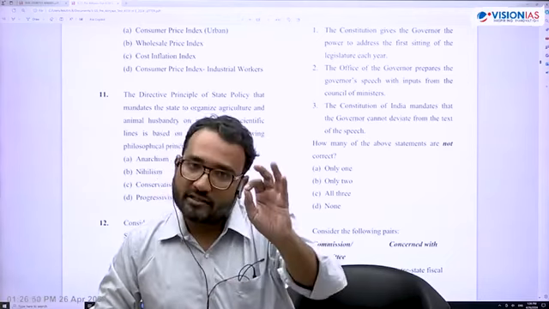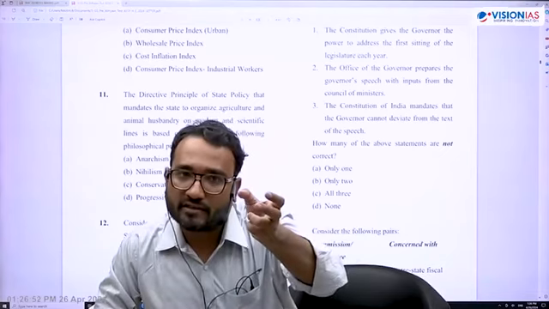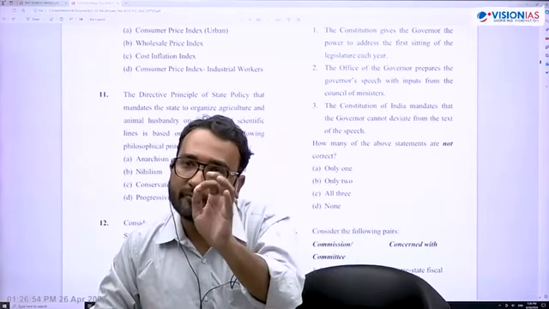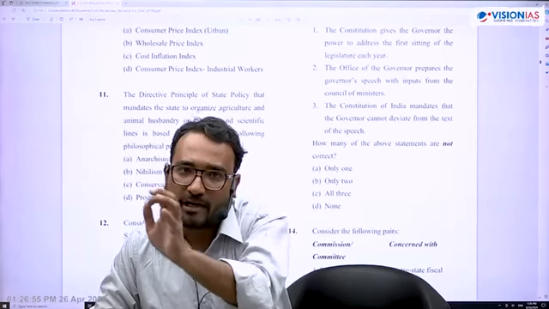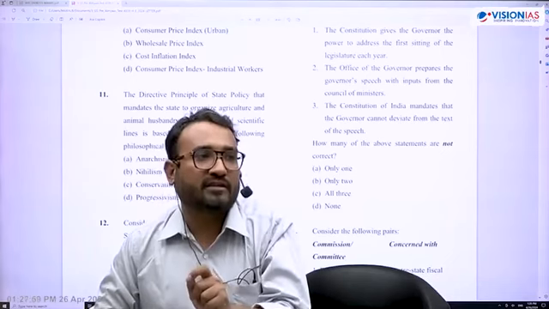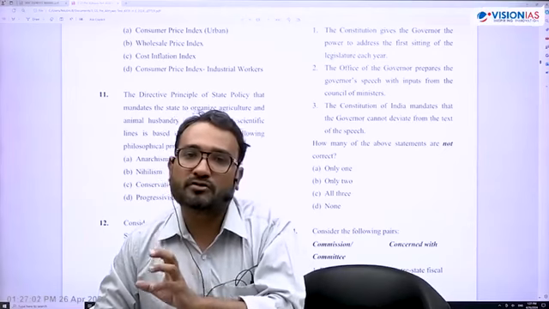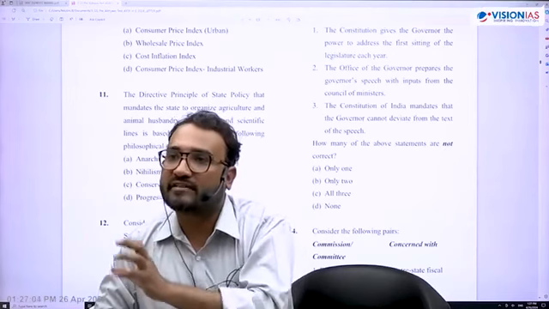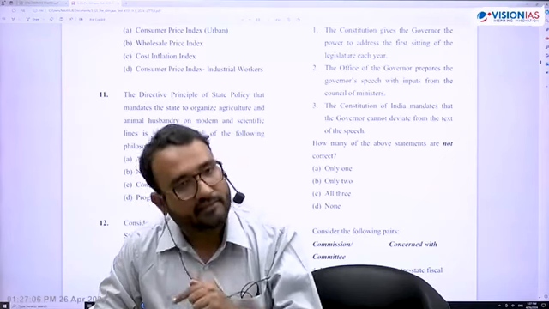So part 1 of Article 47 is that the state shall take care of public health as one of its prime duties, which is a socialist principle. Part 2 of Article 47 is, in particular, to bring about prohibition of consumption of intoxicating drinks and drugs, which is a Gandhian principle.